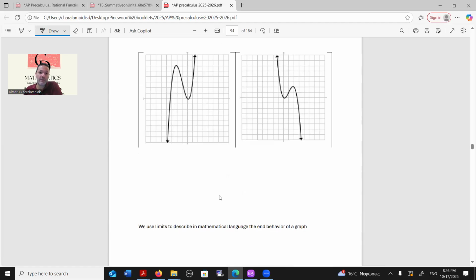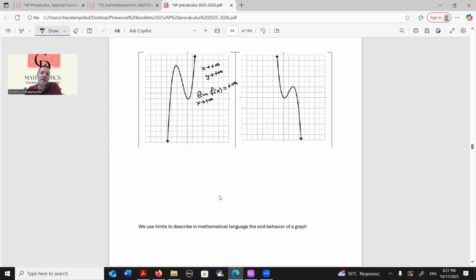On the new graph at the left, we can see that as x gets to plus infinity, as the graph extends to the right, the y values move upwards. By using limit notation, this could be written as follows. Limit of f of x when x tends to plus infinity is plus infinity.